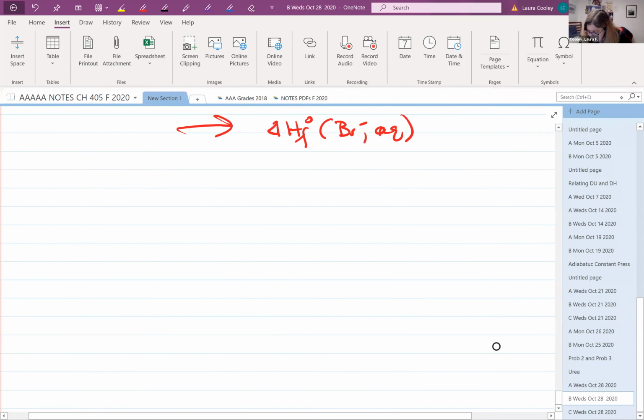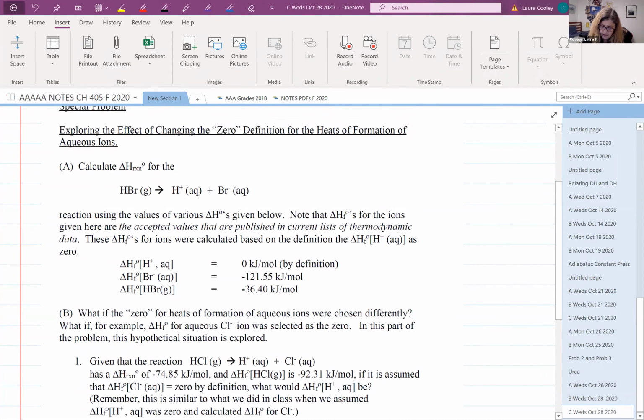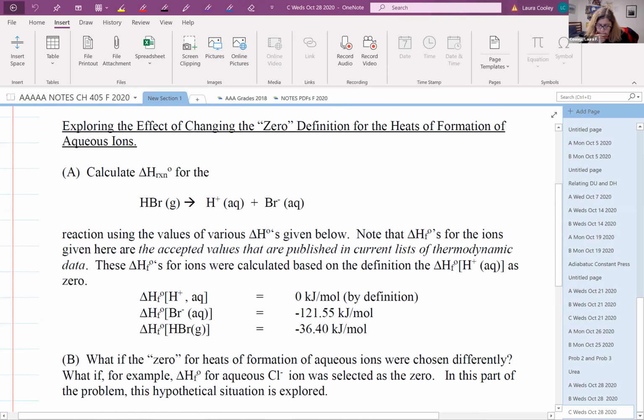So I do have this other problem. This is the last one in this. And this is exploring the effect of changing the zero. So this is the typical definition, right?